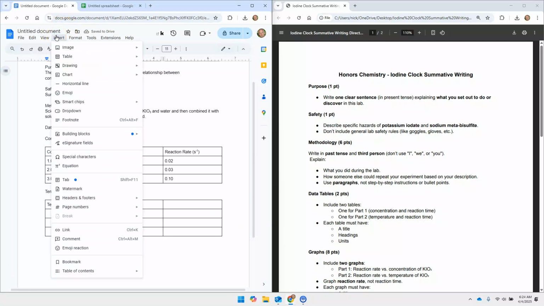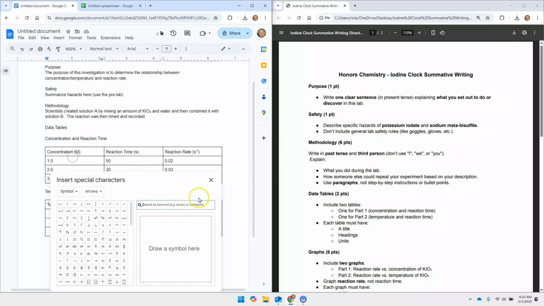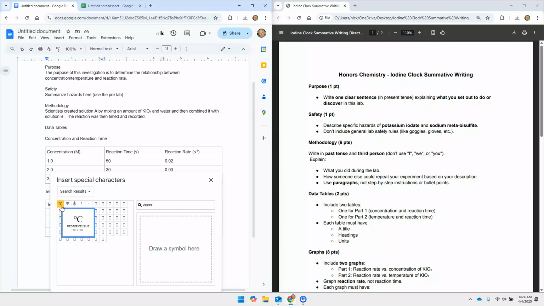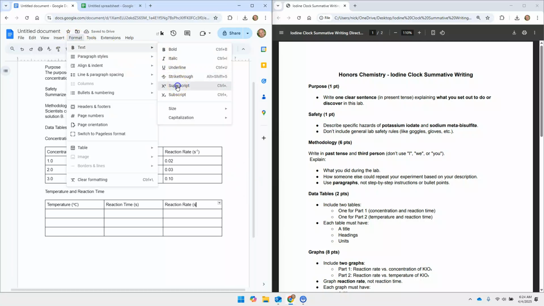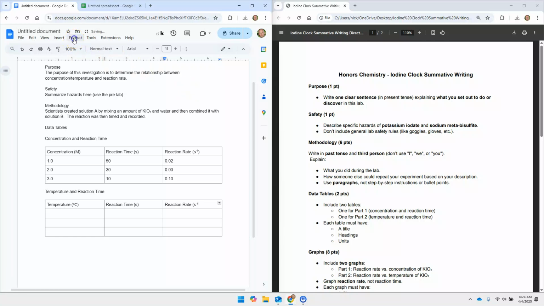So to get the degree symbol, I go insert, special characters, and I can just type in degree, and it will pop right up here. Temperature, degrees Celsius, reaction time, and then reaction rate. Seconds, and this is going to be to the -1.